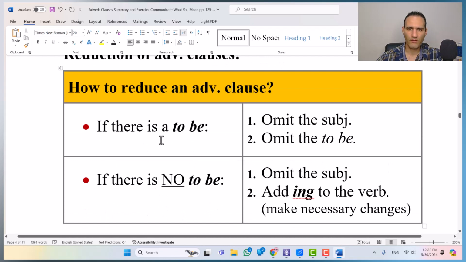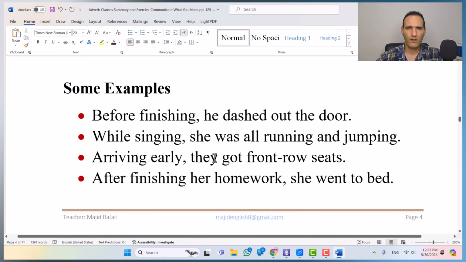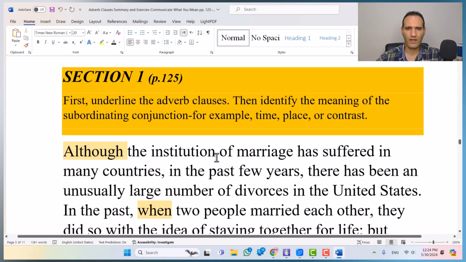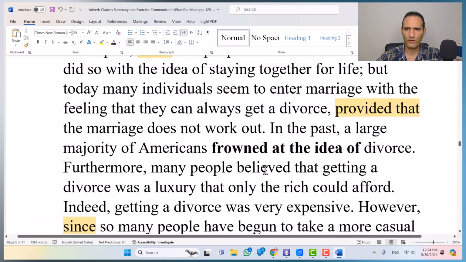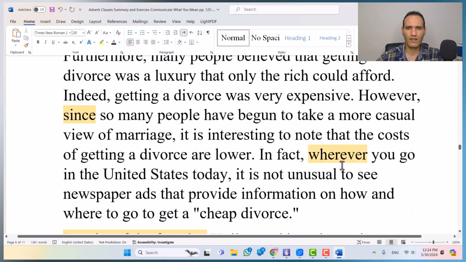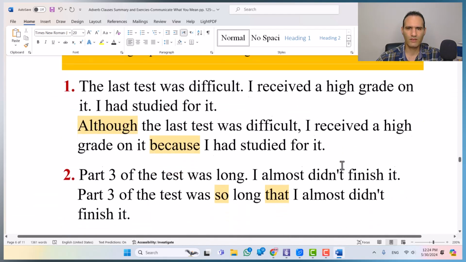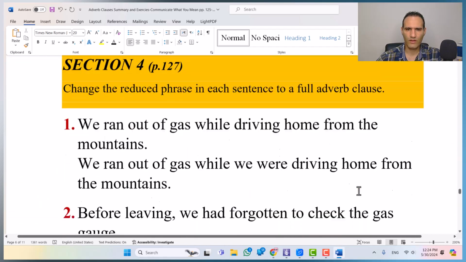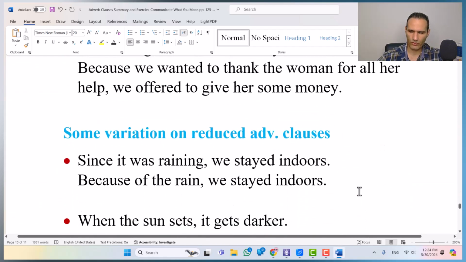I told you if there is a to be, if there is no to be, how to do it. And then here are some examples, and then the exercises that we covered. The only beautiful thing here was frown at the idea of something, means not like something, dislike something, disapprove of something. And the rest of the word file didn't have anything for us, okay?